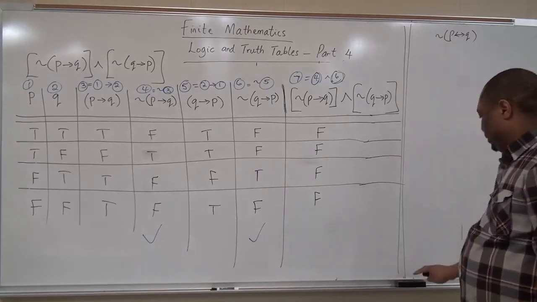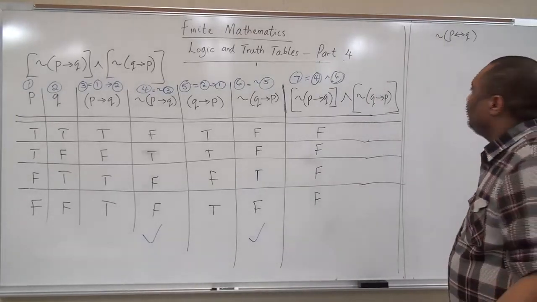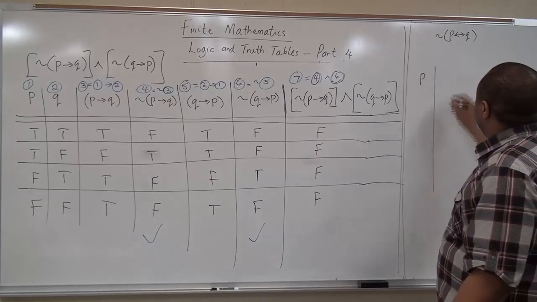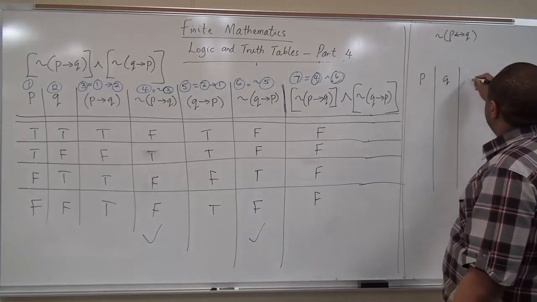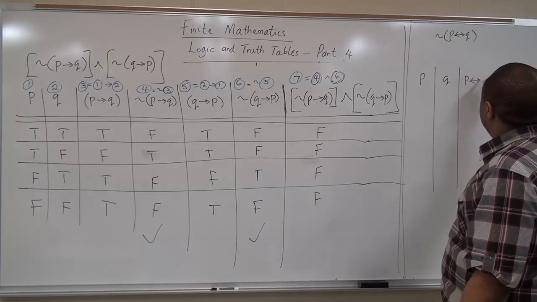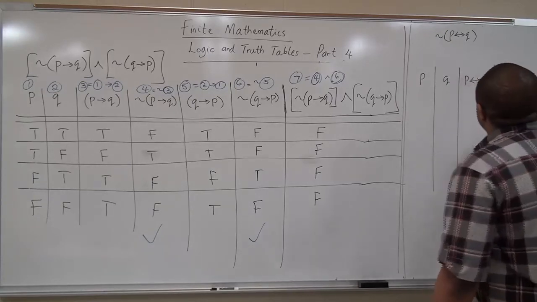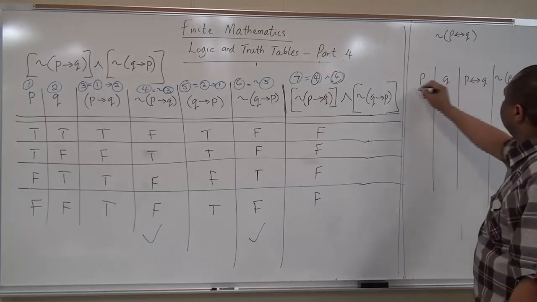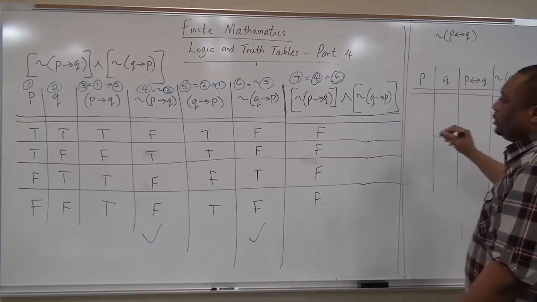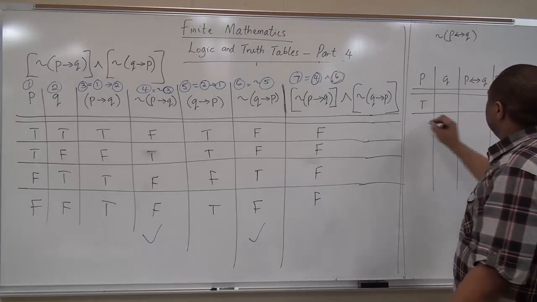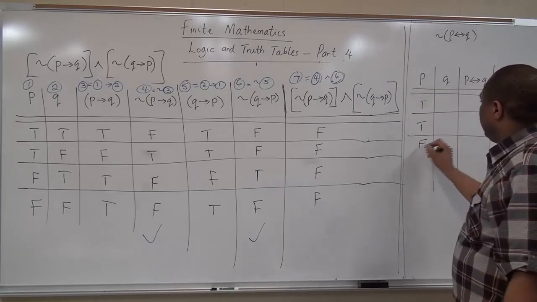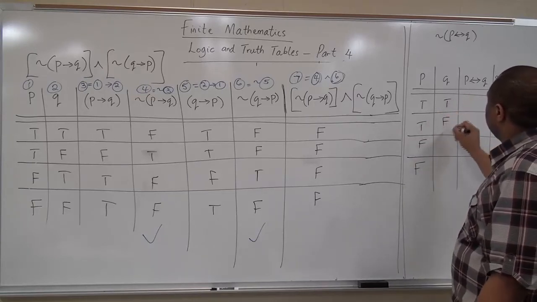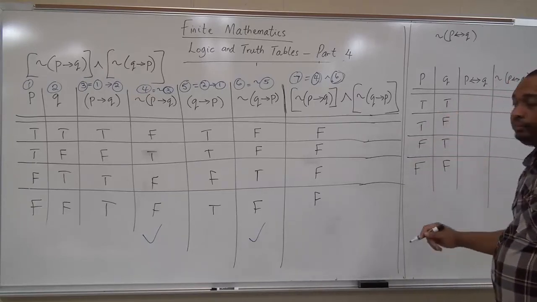Now, let's come to the second compound statement. We have a P, we have Q, we have P if and only if Q, and then we have the negation of P if and only if Q. So this is true, true, false, false, and this is true, false, true, false.